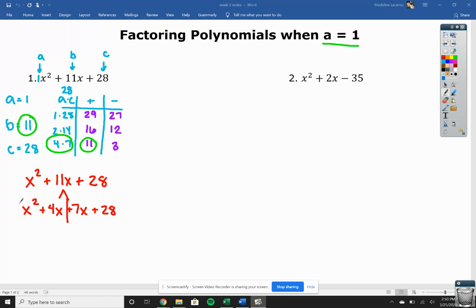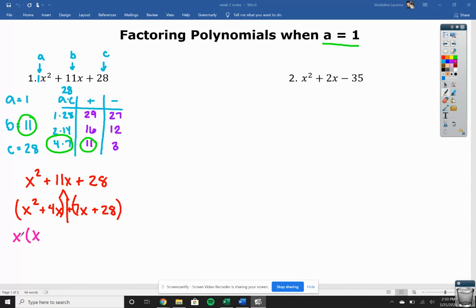Now we split it in half. So that's a set of parentheses, and that's a set of parentheses. And all we have to do now is figure out what we can factor out of this parentheses here. So the biggest thing that comes out of x squared and 4x is an x. So we have x squared, we take away 1x, we're left with an x.